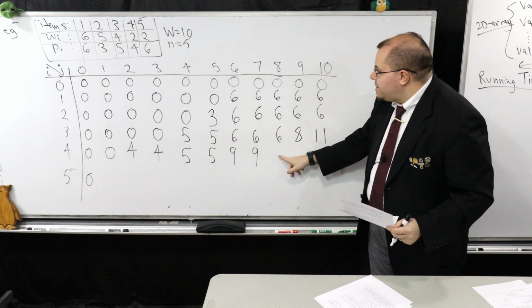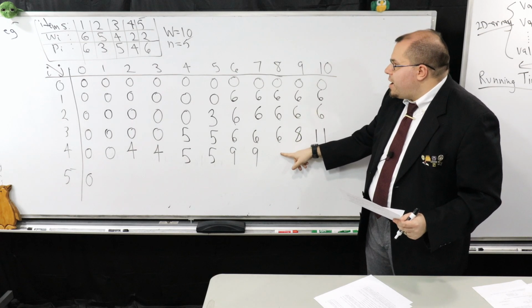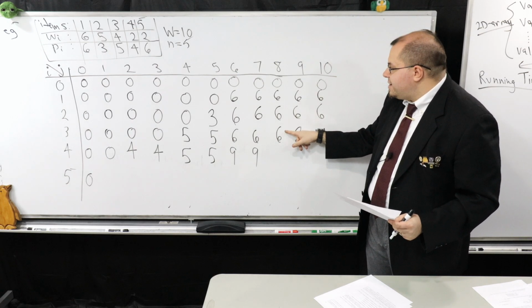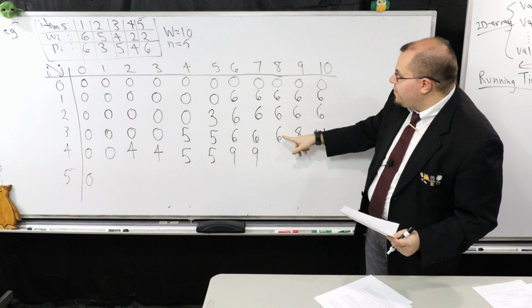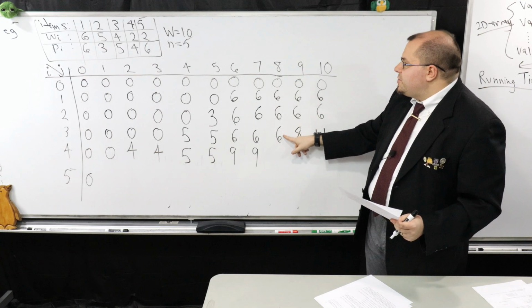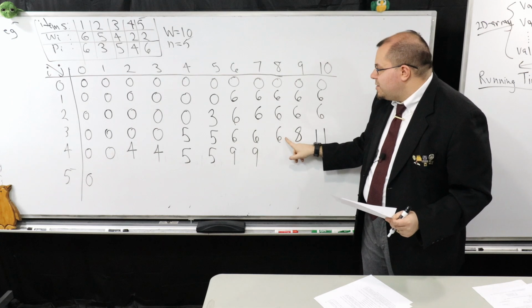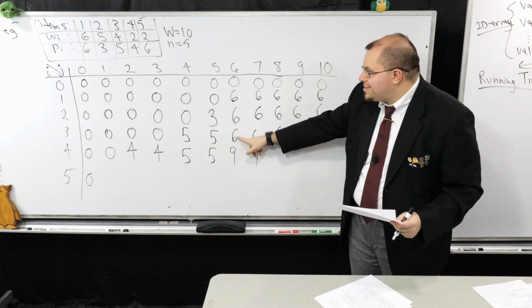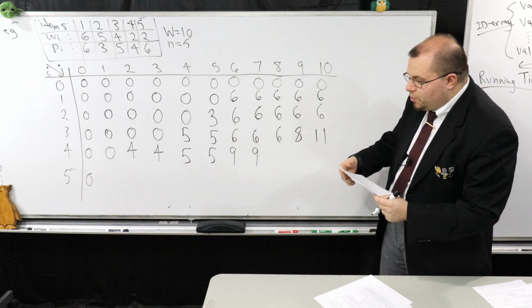Let's look at this entry. Notice that I'm looking at item 4 right now. My choices are either 6, or I look at the weight of item 4, which is 2, right? So I take 8 minus 2, which is 6, plus the profit of item 4, which is 4.